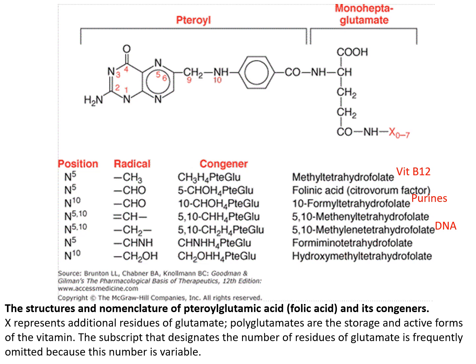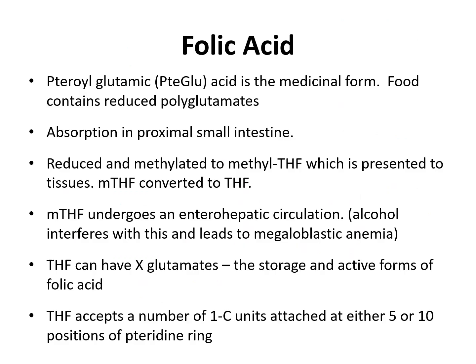And you have other forms that are participating in other processes in the body. Folic acid is the form that is used in treatment with methotrexate when you want to prevent the toxicity of methotrexate when you give high dose methotrexate. So in any way, folic acid, the pteroyl glutamic form, is the form that is given medicinally, and it can be converted to the various forms.